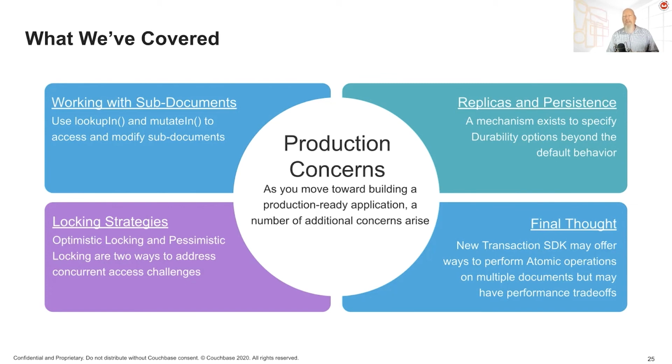And last, we've introduced the idea of persistence and replicas, and I've shown you how to tune or tailor your durability options to take into consideration what might be happening behind the scenes in terms of writing to multiple data nodes for redundancy, and then also persisting to disk. Now, all of these are what I'd call production grade concerns.